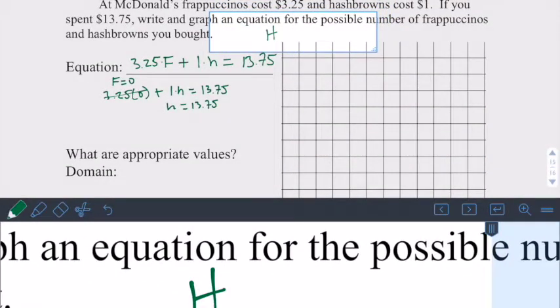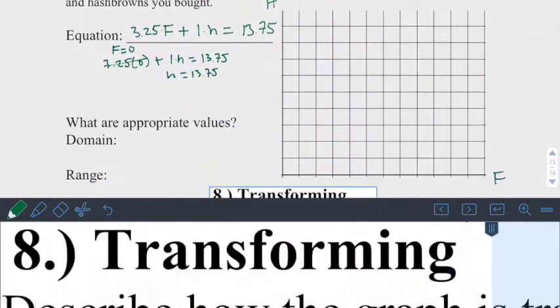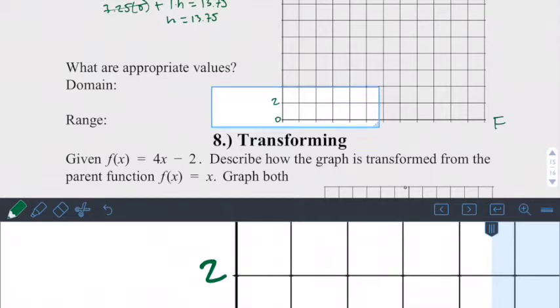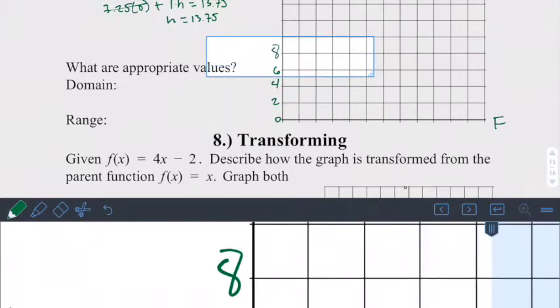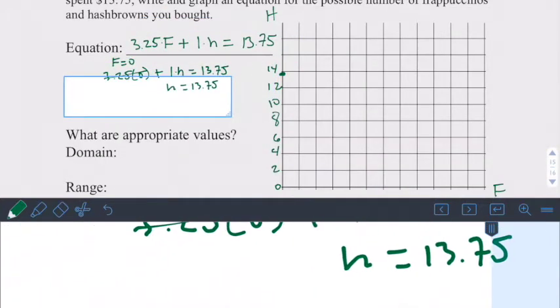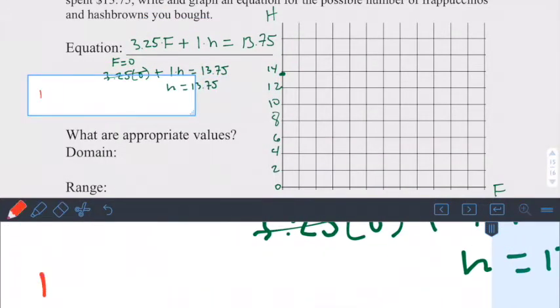I don't have to do it that way. I could have done it either way. And I need to get to $13.75, so I'm going to count by twos. So right here. And now I'm going to find my other intercept. So if I bought 0 hash browns, then I would have $3.25 times Frappuccinos plus 0 equals $13.75.